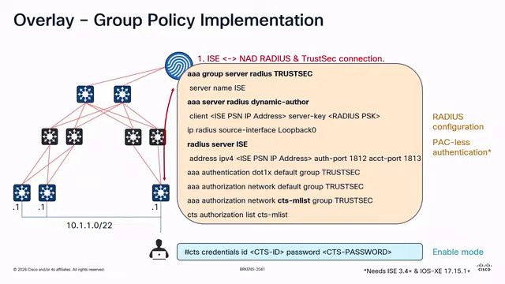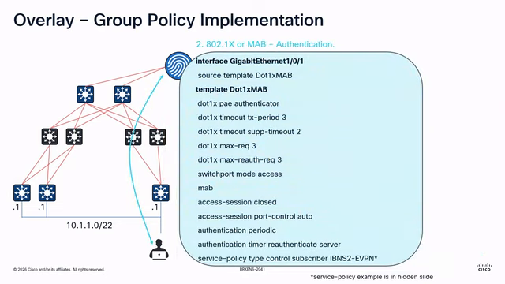All right? The next step, once we configure the RADIUS, is to do .1x or MAB. I'm sure you've seen it many times before, so I'm not going to be focusing too much on it. Just a standard .1x template. As you can see, it's referencing a service policy. It's on a following slide that I hid because it's just a wall of text.